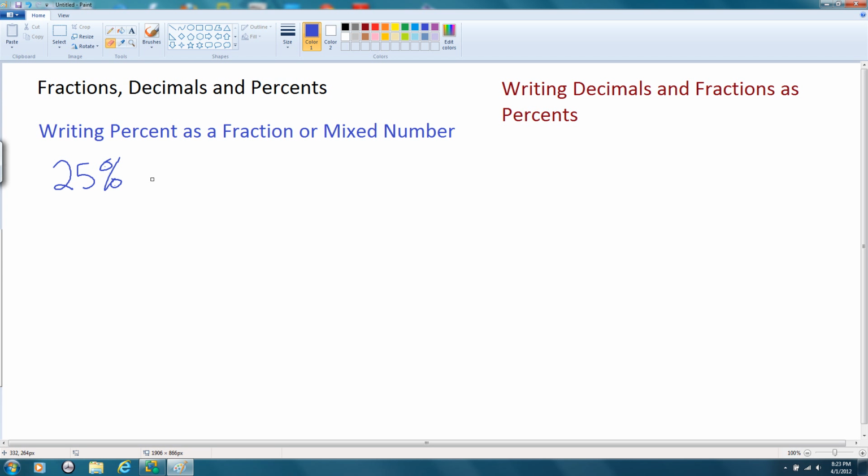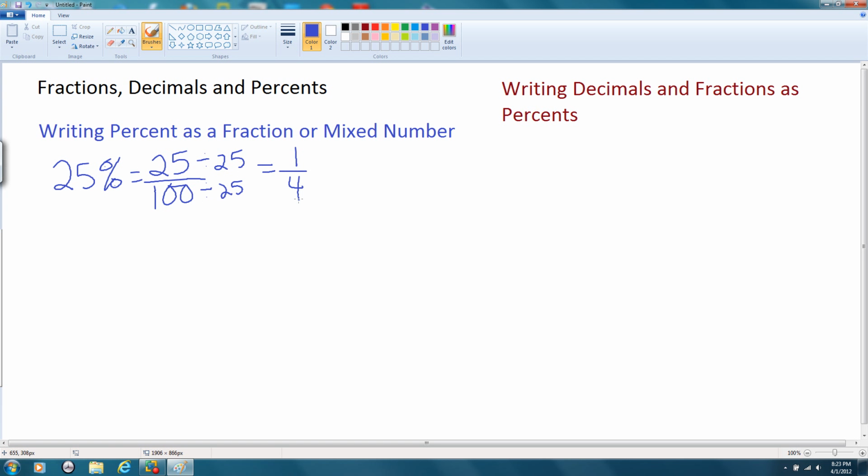Well, we said that that means out of 100, so we're going to put 25 over 100. And we're done in the sense that we've made it into a fraction, although we can reduce that fraction. We can reduce it by dividing top and bottom by 25, and we get 25% is equal to 1 over 4.